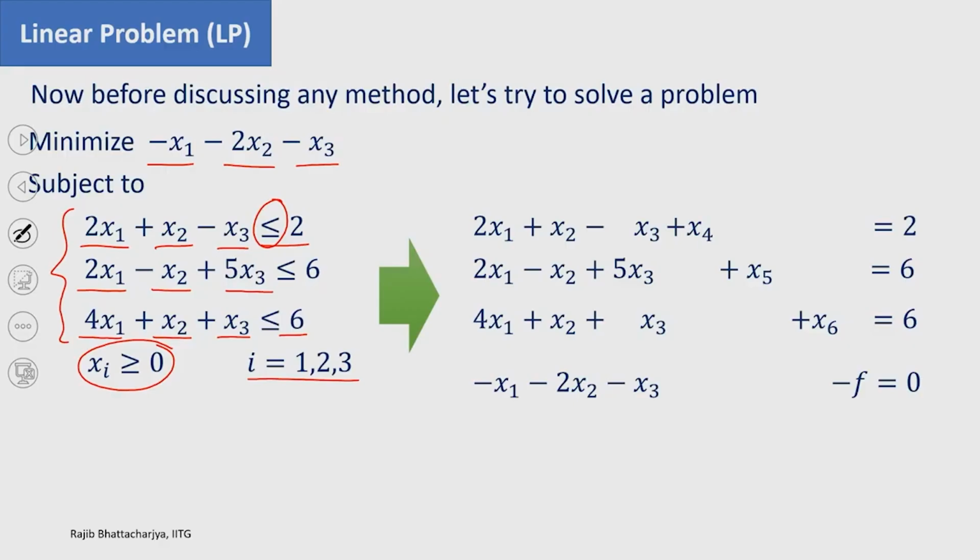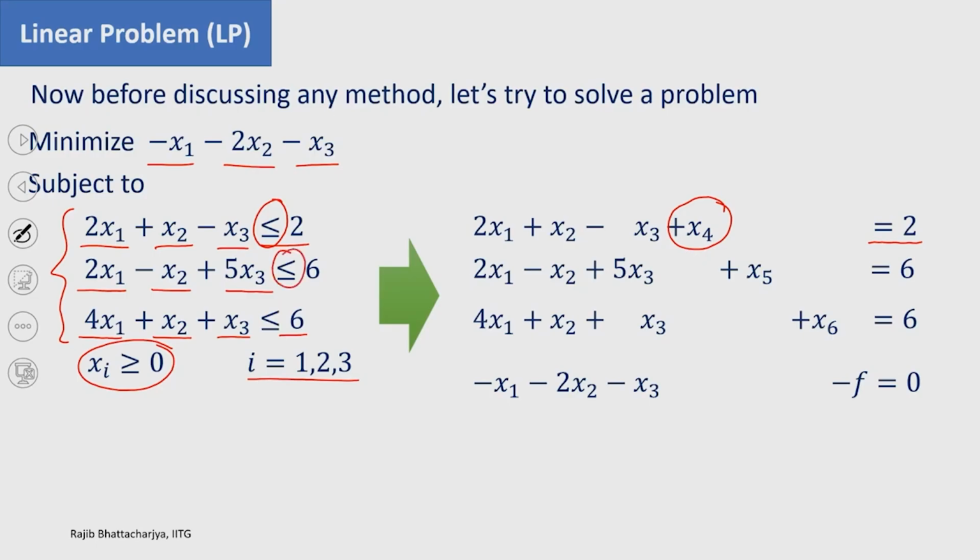How will we do that? In the first equation I have added a slack variable, so by adding this slack variable I am making it equal. Now the equation is twice x 1 plus x 2 minus x 3 plus x 4, and it is equal to 2.